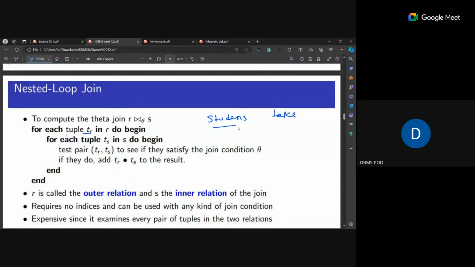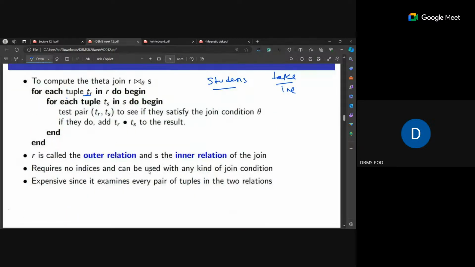For each tuple tr, we do a nested loop for each tuple ts, where ts is from the inner relation, takes. Then we test each pair tr and ts. If it satisfies the join condition, we add it to the result. So let's give an example, that will be good.